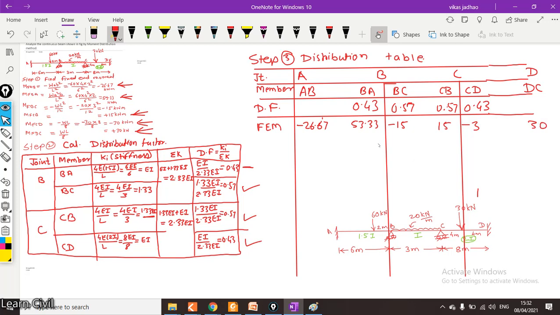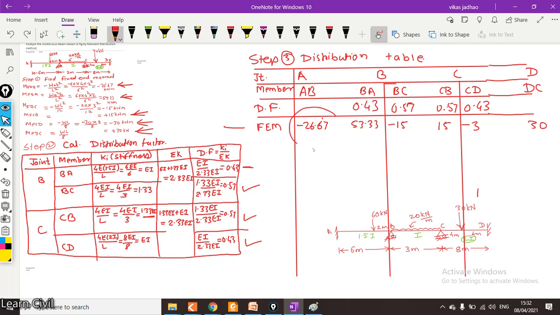Now we have to balance the unbalanced moments at the fixed end moments. You can see we have minus 26.67 moment at AB, but this support A is a fixed support, therefore it is a self-balancing support.